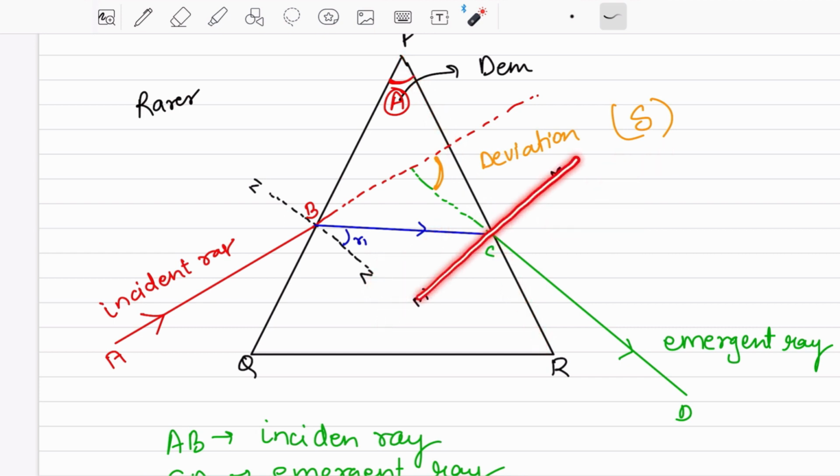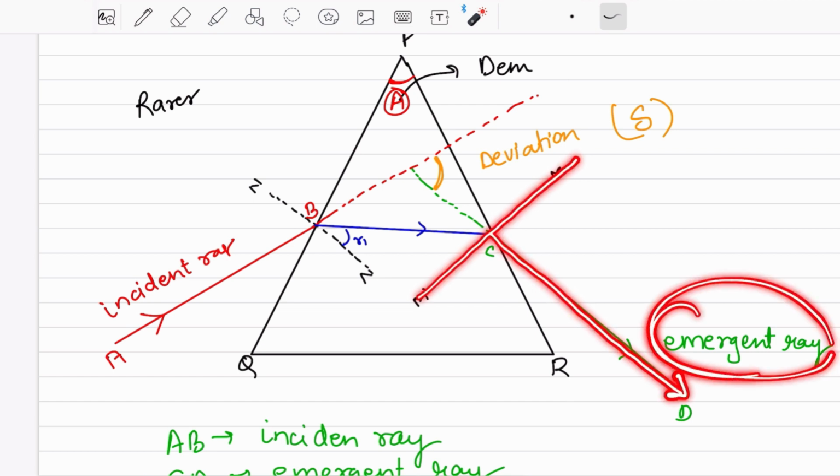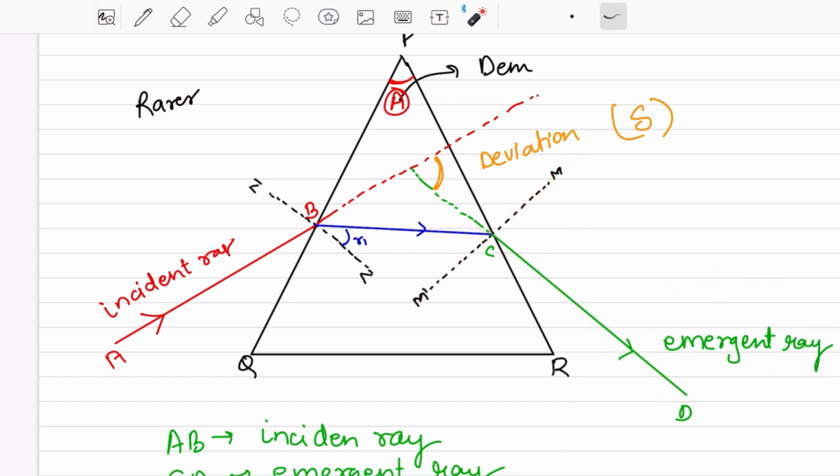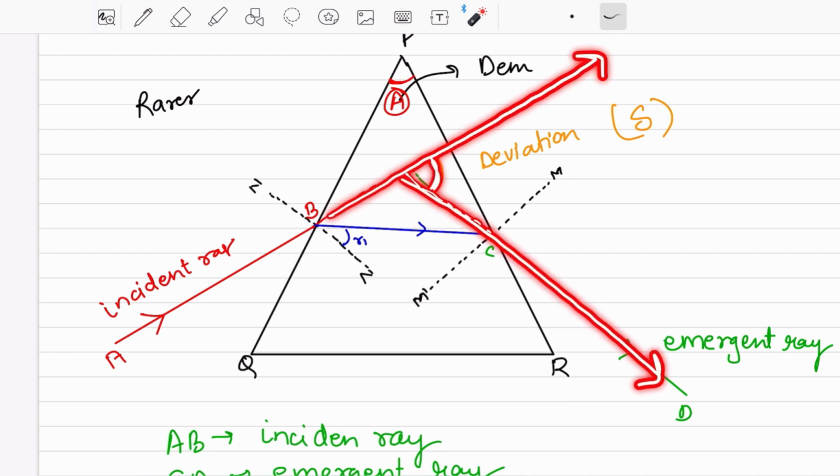If this is the normal, it is going away from the normal. Now this ray is known as the emergent ray. अब again जब मैं इसको extend करती हूँ backwards, so you will see इसका original direction was supposed to be this, but it is deviated to a different direction, and that is why we have a deviation.